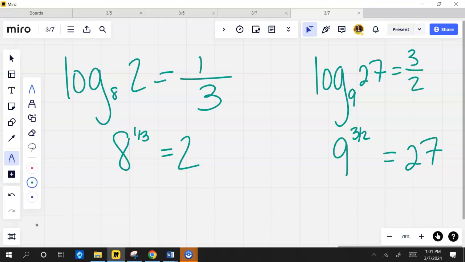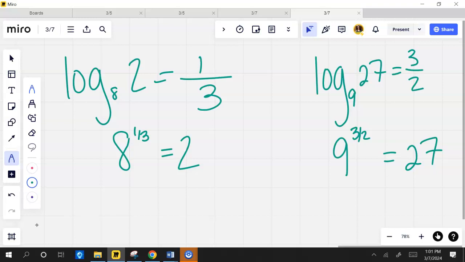Does that make sense? Is 9 to the 3 over 2 equal to 27, and why? You can tell this just by the way it is.